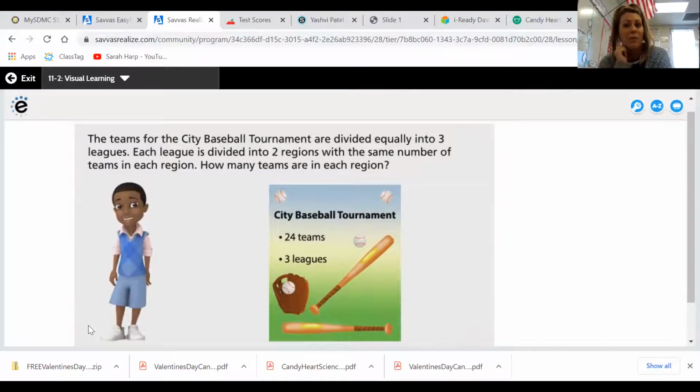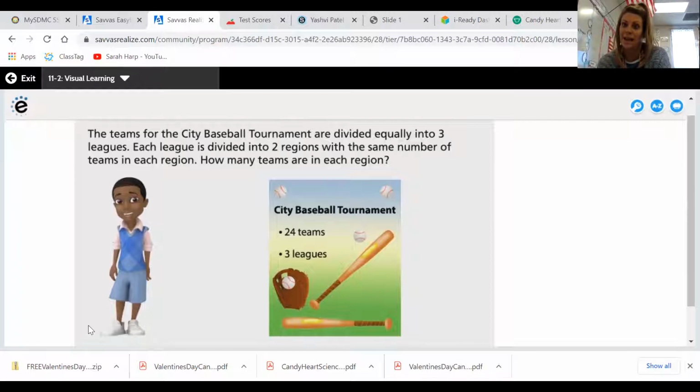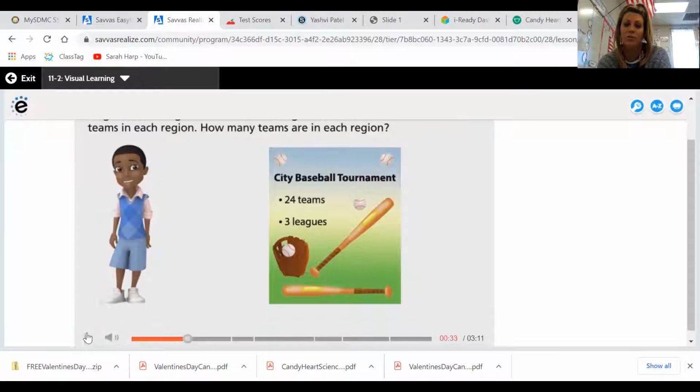Remember, we're looking and we're listening for numbers and keywords that are going to help us know if we're going to multiply, divide, add, subtract. Each league is divided into 2 regions with the same number of teams in each region. How many teams are in each region? Okay, so now that we've read it 2 times, let's watch how they explain it and how we can get better at our two-step word problems.